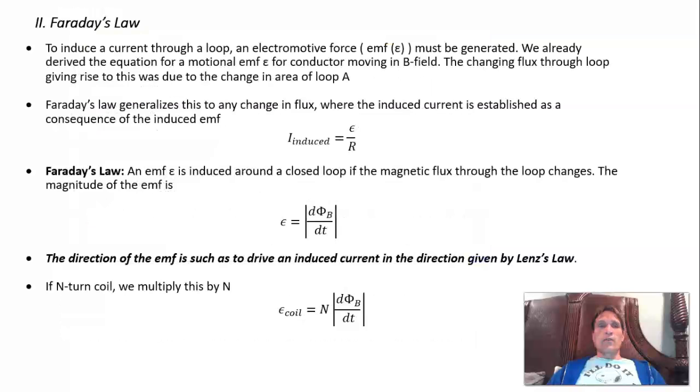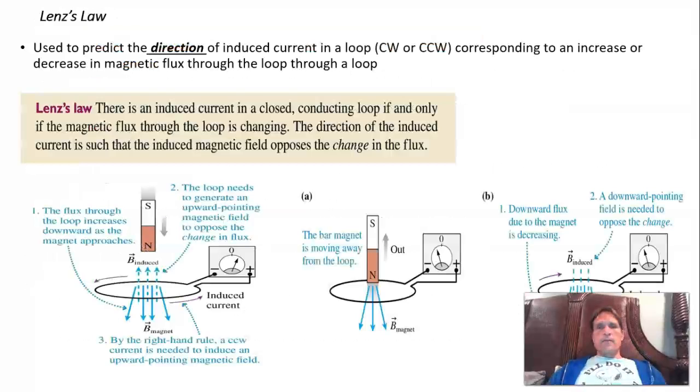However, it doesn't give you the magnitude of the current, and this is where we need Faraday's law here. So now if you remember back from your days of electrostatics, to actually get a current in a loop, to push current through the loop, through a wire, you need an electric field, right?